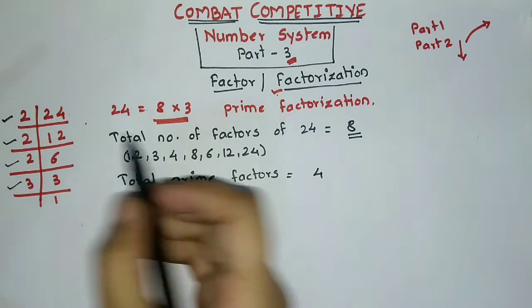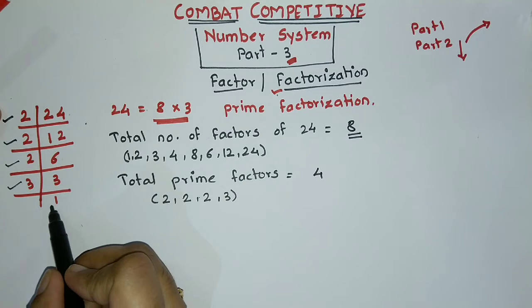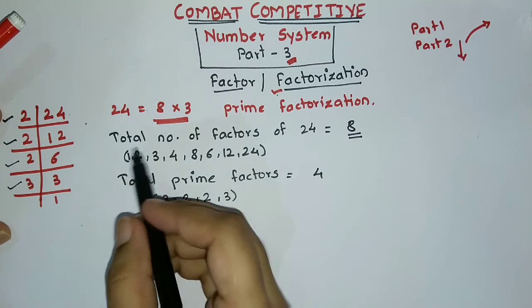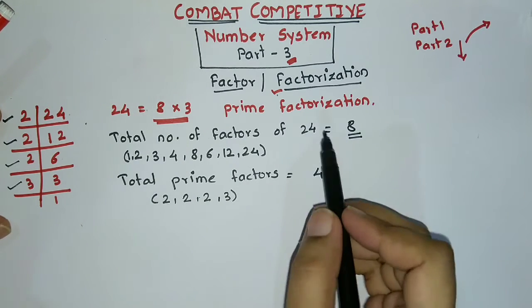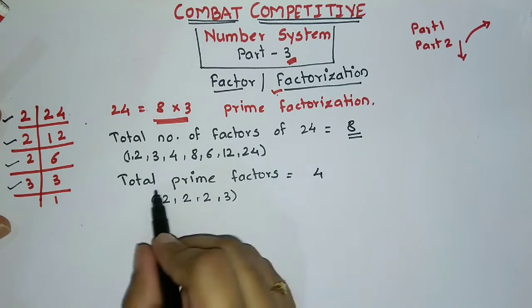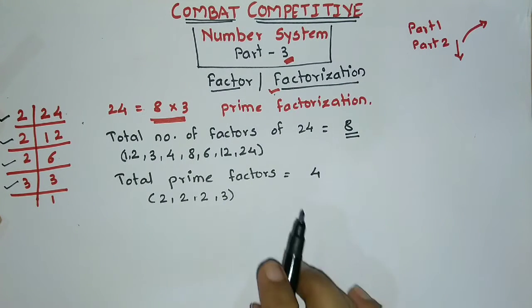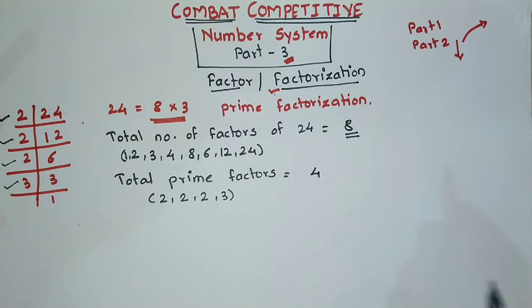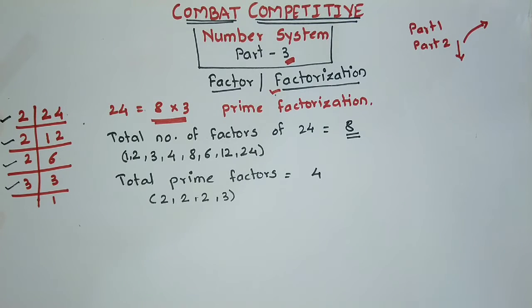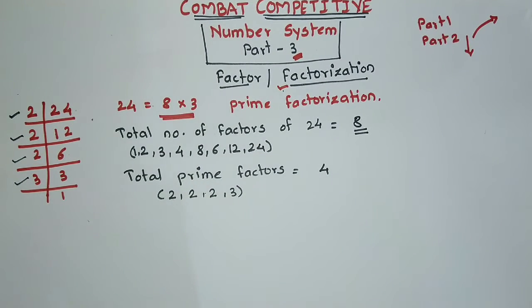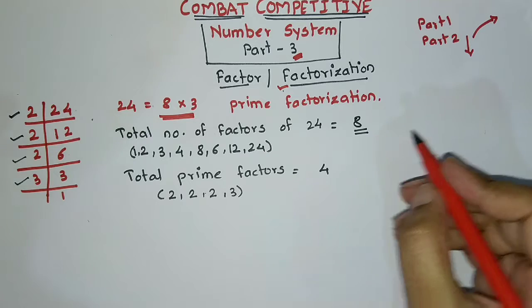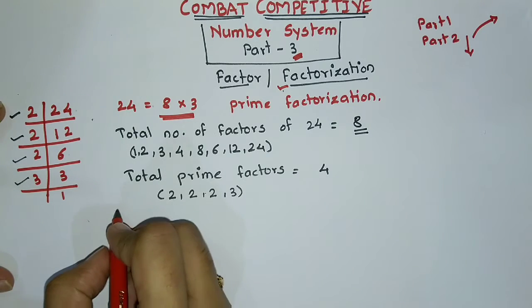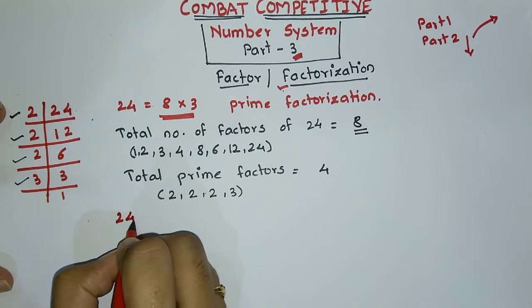Now see, this process, doing the traditional factorization and then counting the total number of factors of the given number and then counting the total prime factors is a lengthy process in case of large numbers. So now we are going to see how to do the prime factorization. To avoid this lengthy process, we need prime factorization. I will write here 24.